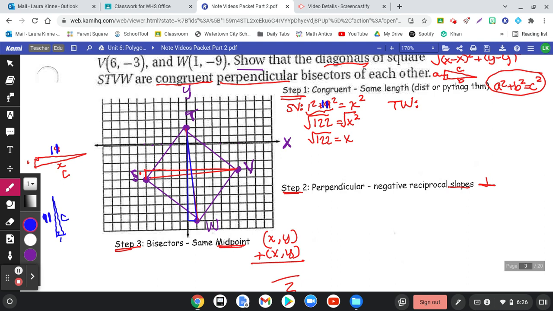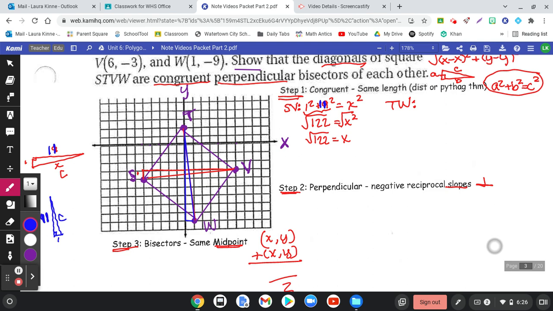All right, so for this one, again, you could either do 1 squared plus 11 squared or 11 squared plus 1 squared. Doesn't matter. Equals your side squared. 121 plus 1 is 122. Take the square root of both sides. And we get the square root of 122 for both.